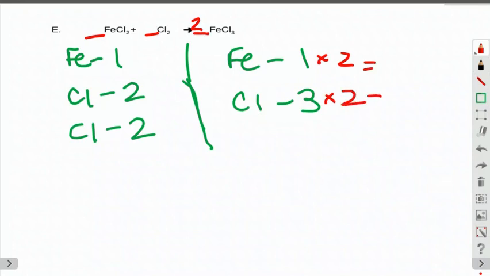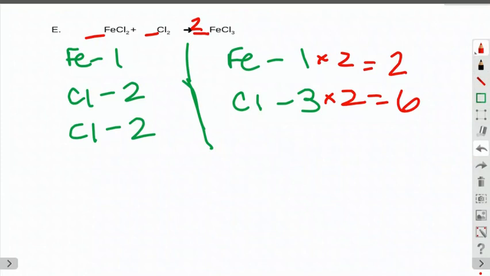So if you add a coefficient of 2 on the product side to change those chlorine numbers, because that's what we're trying to do in this case, you will see that we now have 2 irons, or Fe's, and we have 6 chlorines. And this is where, once you finish one side of the equation, you now have to go back to the reactants. We just added a 2 in front of the products, and that changed the iron from 1 iron to 2 irons.